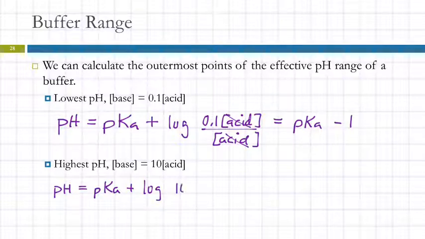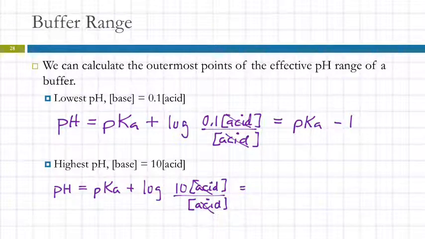Well, here the concentration of the base is 10 times higher than that of the acid. And so we get pKa plus 1.